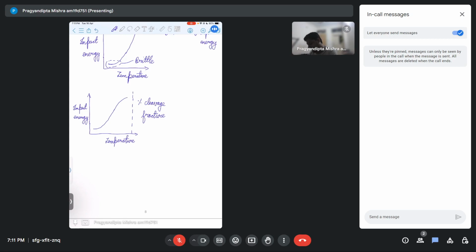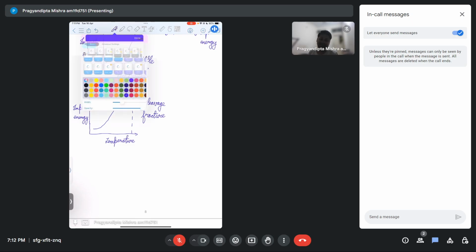So there are different points on this temperature curve. There is a point T1, which corresponds to FTP, or fracture transition plastic.